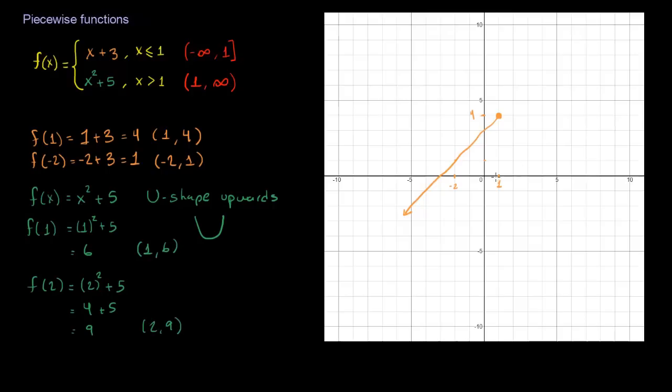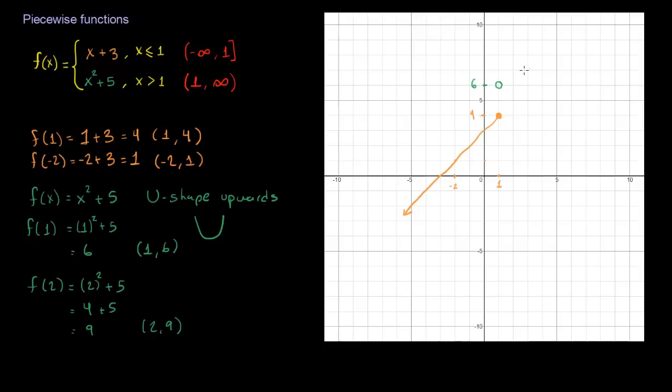(1, 6) will be around here. But this point is excluded from this part of the f of x, so I'm going to draw it with an open, non-colored circle, just like that. And this is very important: you have to notice when to draw an open circle and when to draw a closed one, like this one here.